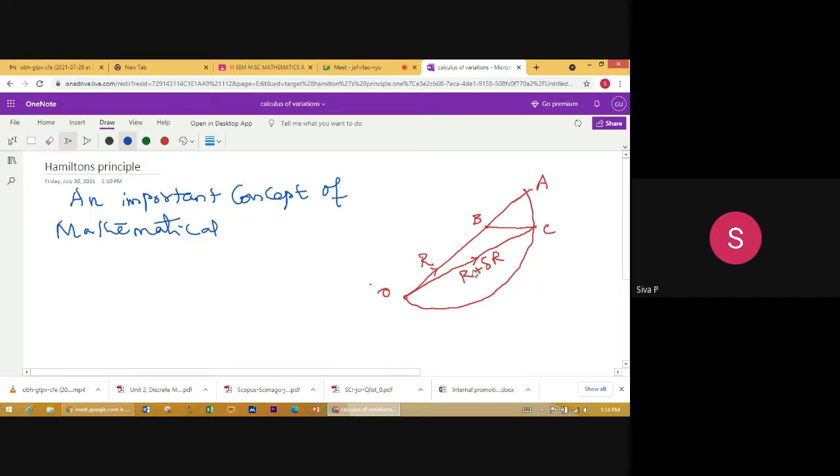This class will be the fully theoretical part. The important concept of mathematical physics.